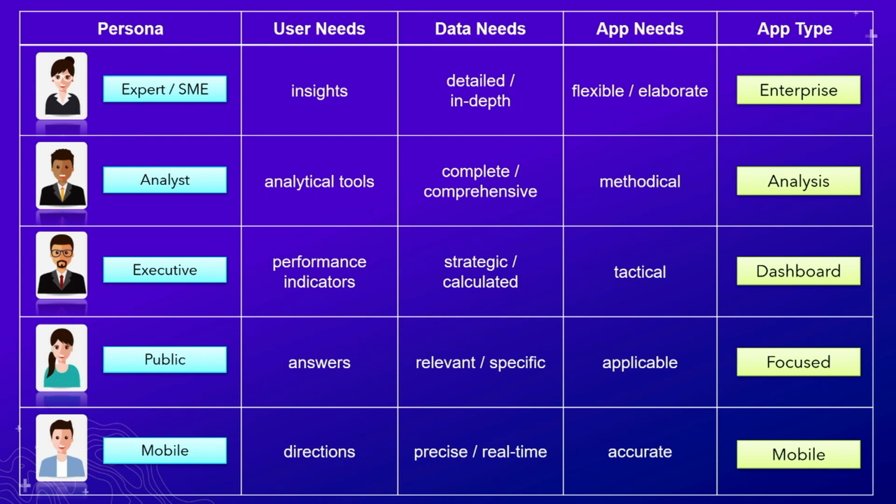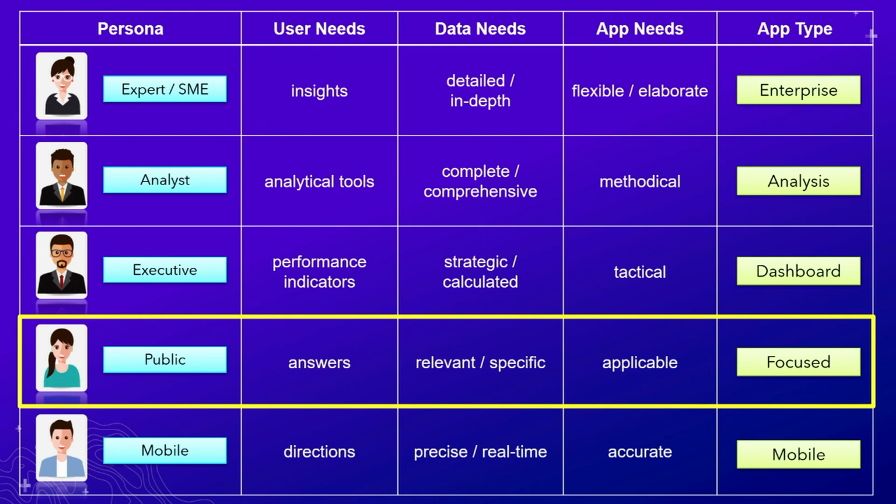So for example, for our trash pickup application, most likely the audience is public and what they need is answers. And those answers have to be relevant and very specific. So that means the data that we need to prepare has to be able to provide these specific answers quickly. And the application will most likely be very focused.